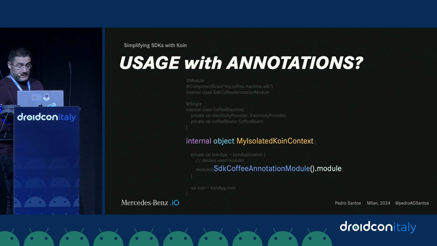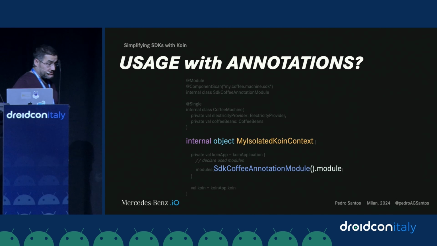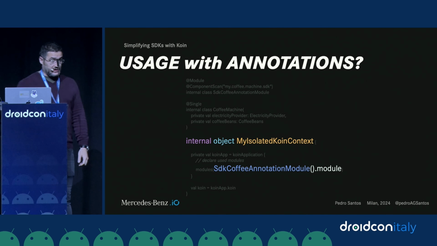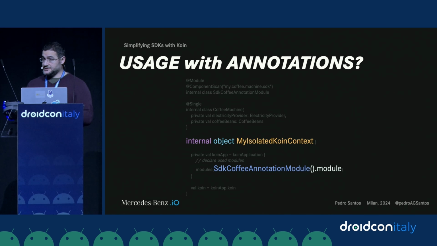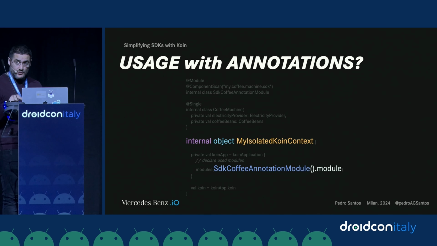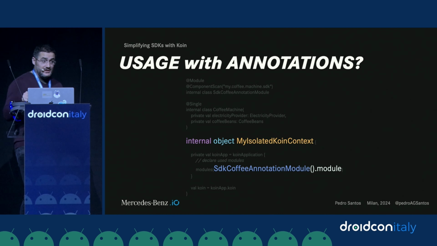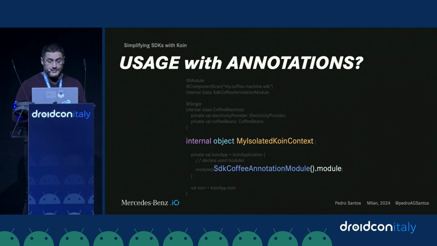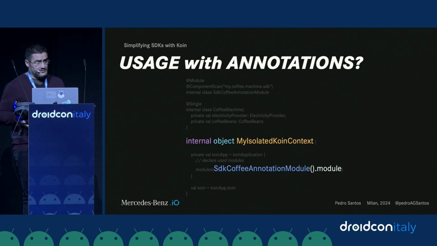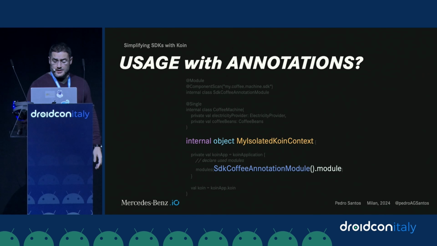Now, how do you load that module in your isolated context? We need to go back into our isolated context and put this specific annotated module into the modules, because otherwise it will not be able to find it anywhere.